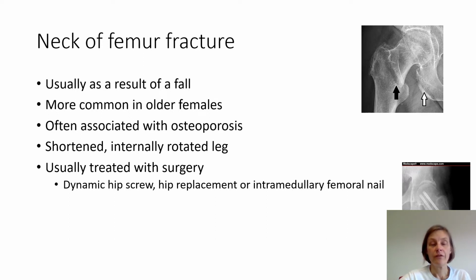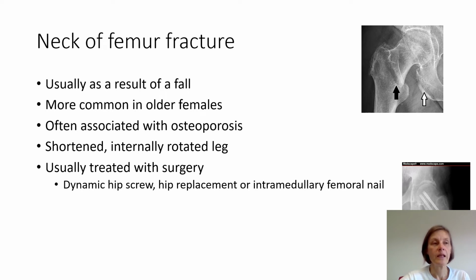A neck of femur fracture is characterised by a shortened and internally rotated leg, and even before the imaging has been taken, that's a fairly predictive sign that somebody has suffered from a neck of femur fracture. You can see here on the image a quite clear fracture.